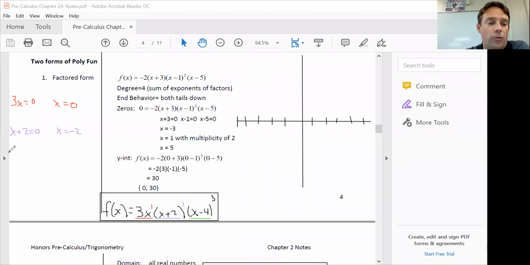All right, x minus 4 equals 0. There's my next one. So if that's the factor, that means the zero is 4. The root is 4. And I look at my exponent, it's 3. So that means it has a multiplicity of 3.